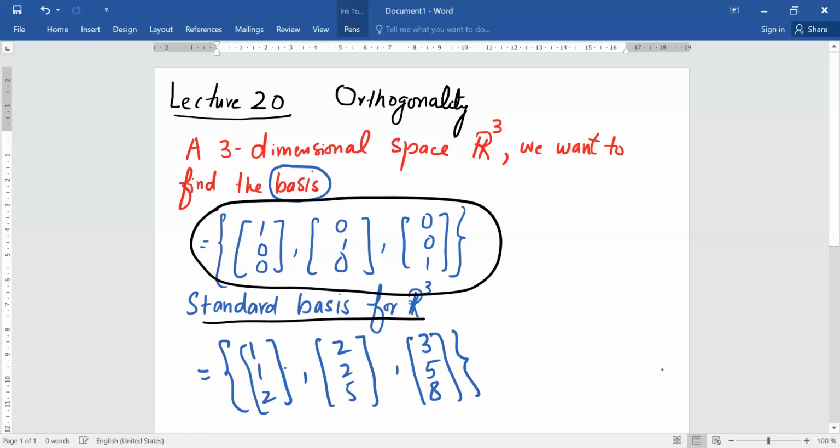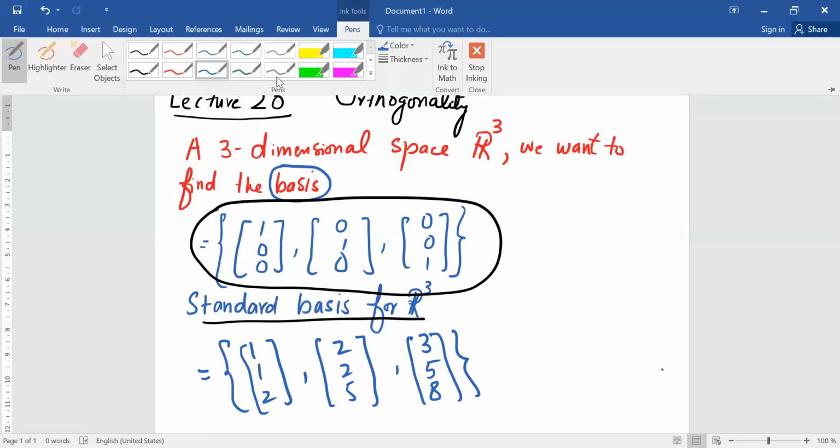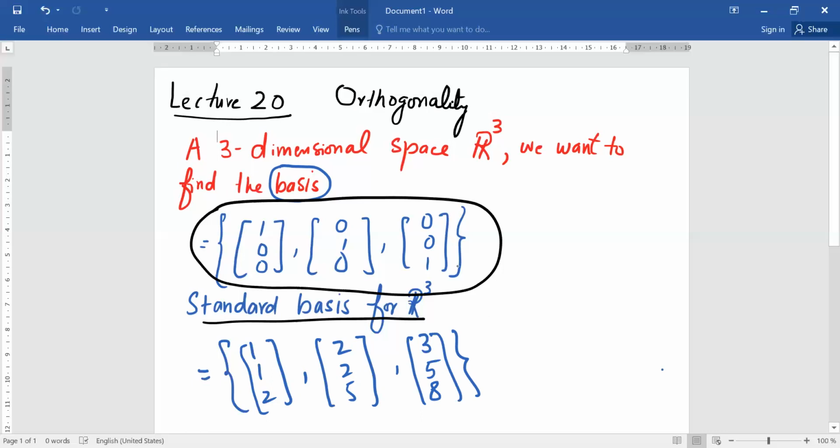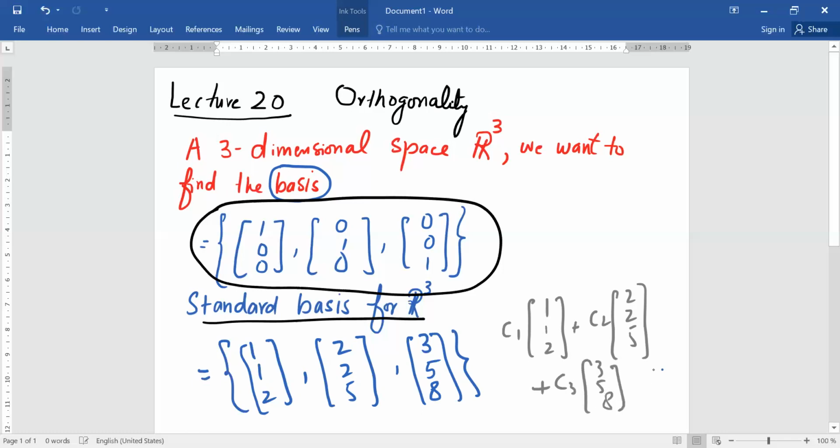So this is also a legitimate basis, because if I make a linear combination of these, as you can see here, like C1 times (1, 1, 2) plus C2 times (2, 2, 5) plus C3 times (3, 5, 8), I will fill the whole space.